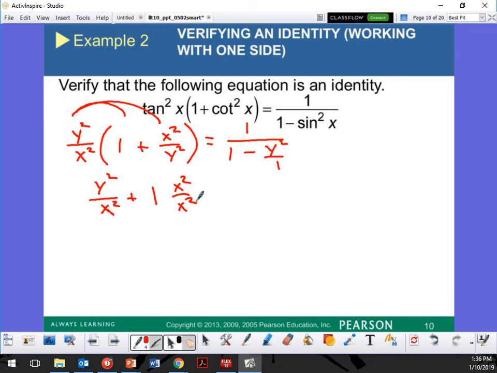It could easily be y squared over y squared if I needed it to be that, because I want it to be the same. Now it's going to become y squared plus, when I multiply this, I get x squared, and their common denominator is going to be x squared, right?